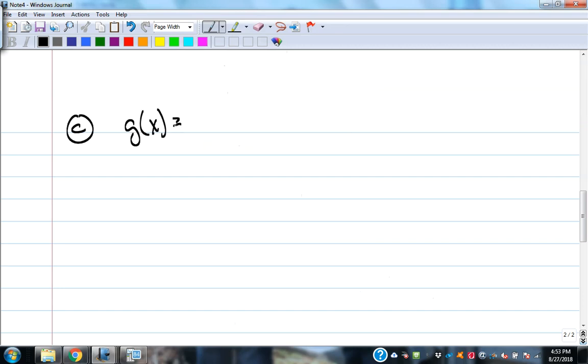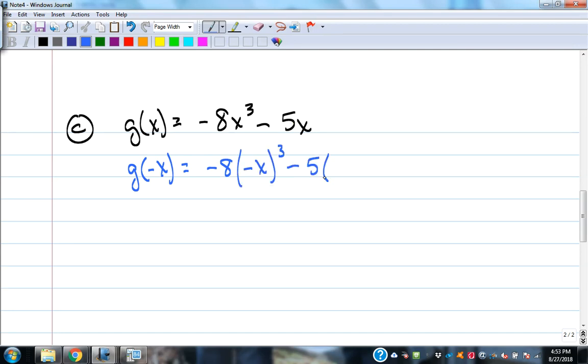For example, negative 8x cubed minus 5x. Okay. If I actually do the math, I'm showing that because the math department is probably listening. When I raise a negative x to the third power, it keeps it negative, and that becomes 8x cubed.